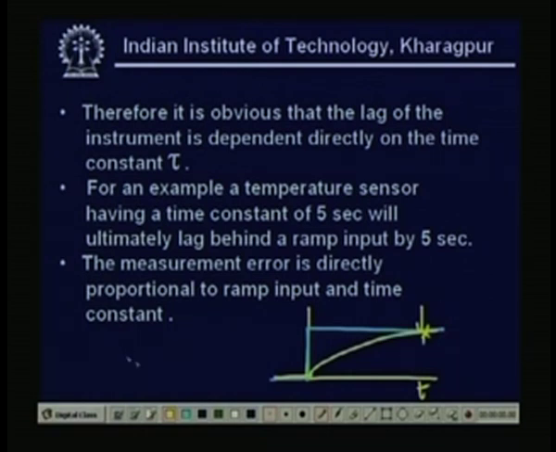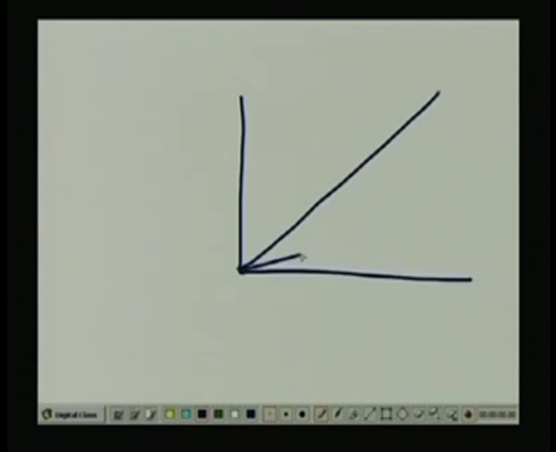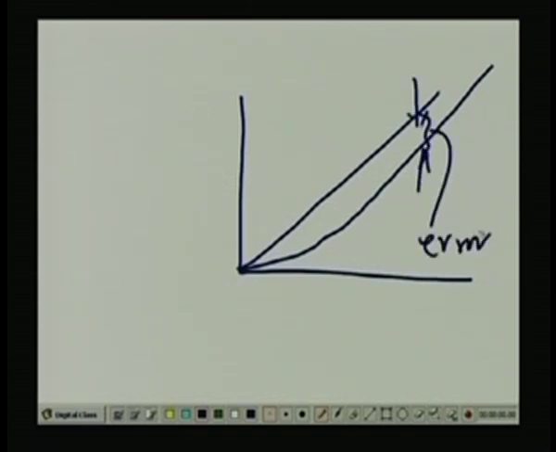Whereas in the case of ramp input, if I take a white page, there is always a steady state error, initially small, and it goes on. This is our error. It will remain forever in the case of ramp input, since it is a time varying input function.